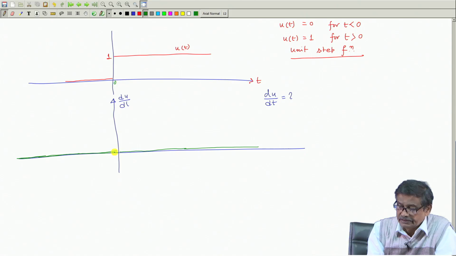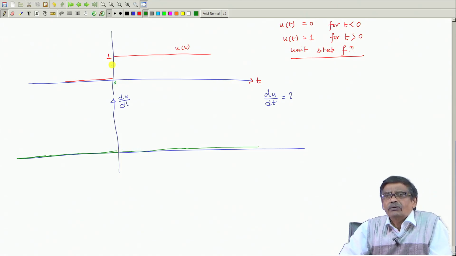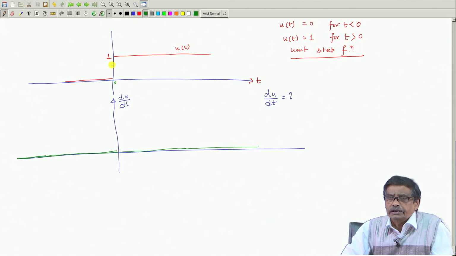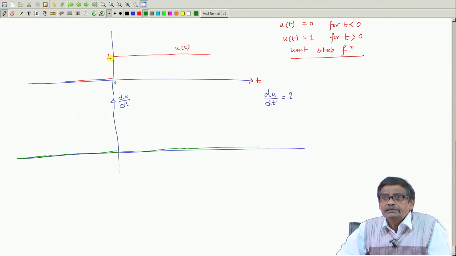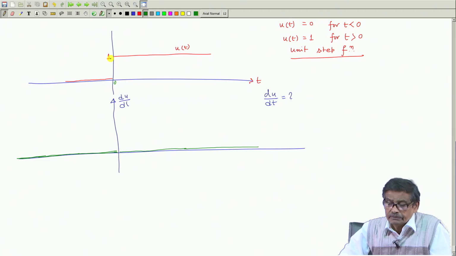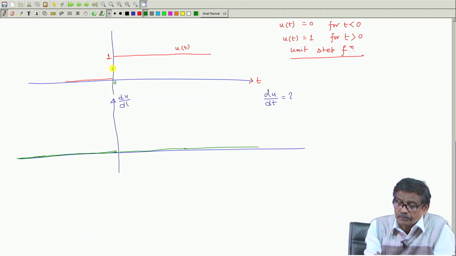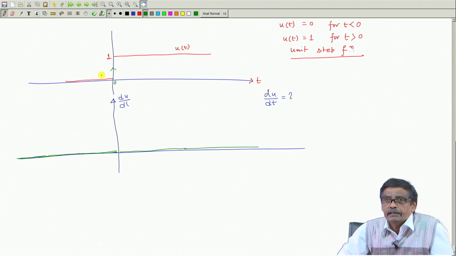So, this is 0, 0, and about this point we will say it has got a discontinuity, because the jump from 0 to 1 means it is a discontinuity. This jump from 0 to 1 has taken place in no time.